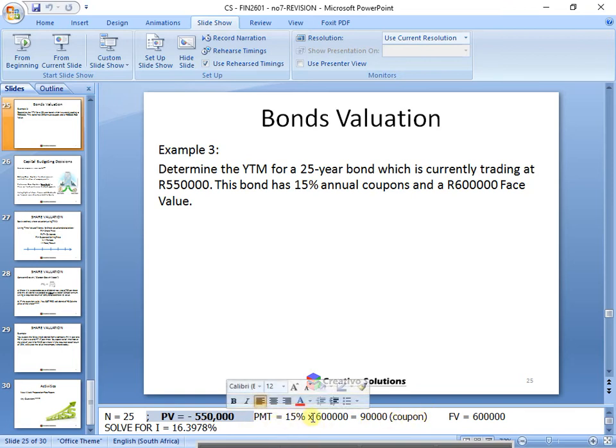So payment and future value, keep that as plus. Just make the PV a minus, so your calculator won't get confused, and you'll get an I of 16,39. Yes, that's the only thing different with example 3 compared to example 2.